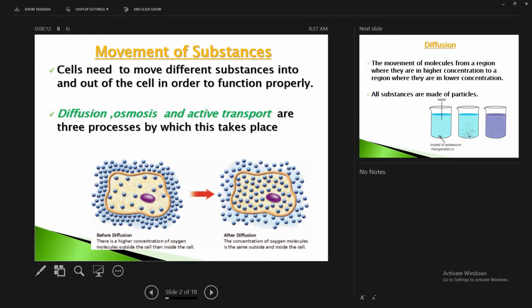So the 3 processes are diffusion, osmosis, and active transport. These are 3 processes by which substances are moved in and out of the cell.